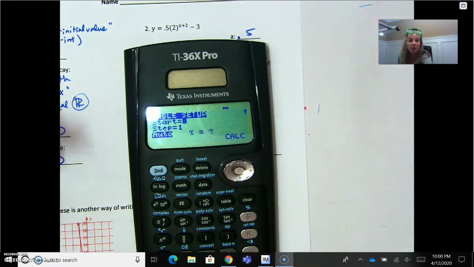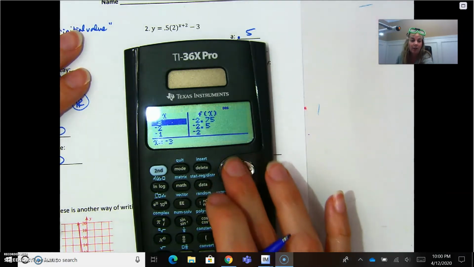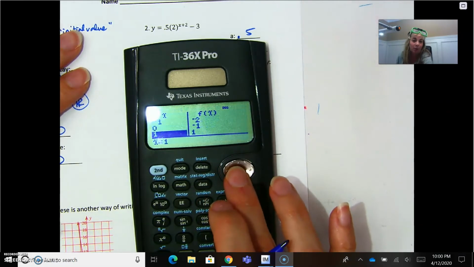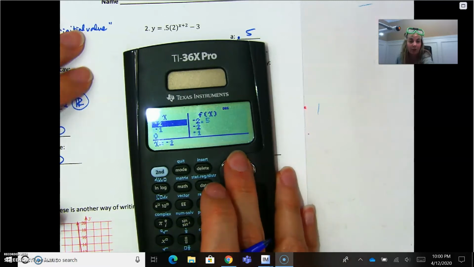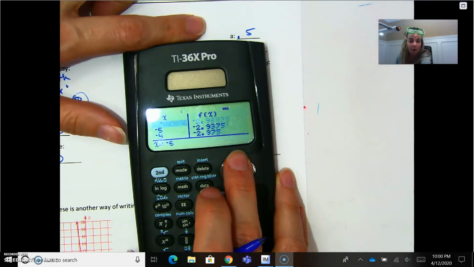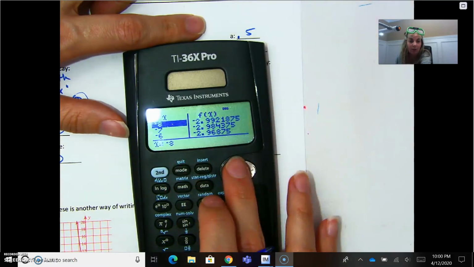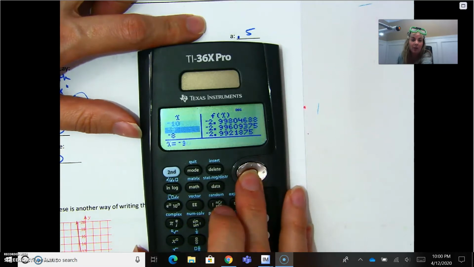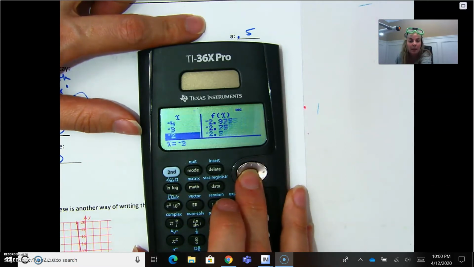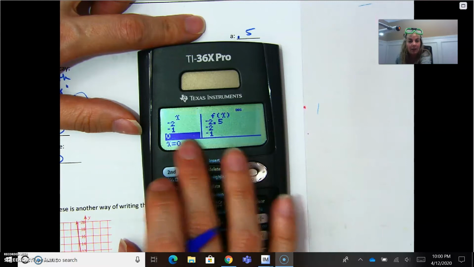As far as where to start, honestly, just start at 0 and we can arrow up and down on the chart to find values that look easier or more difficult perhaps to graph. Remember, as you get closer and closer to -3, these are going to get closer and closer but never quite touch -3. So let me come back to this end. There are some values I could graph pretty easily.